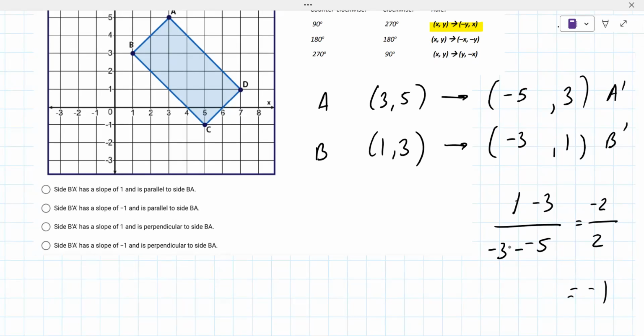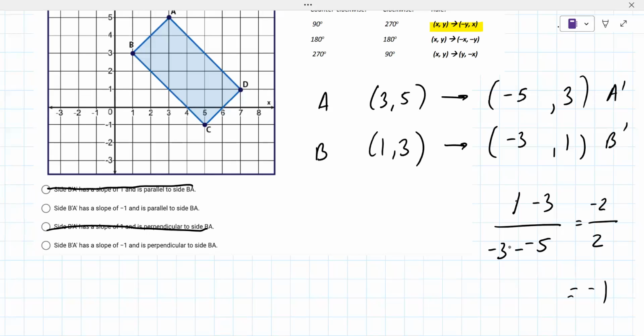Oh yeah, -1 is probably right. I can see how that would be. Okay, so good news is that gets you down to these two answers.